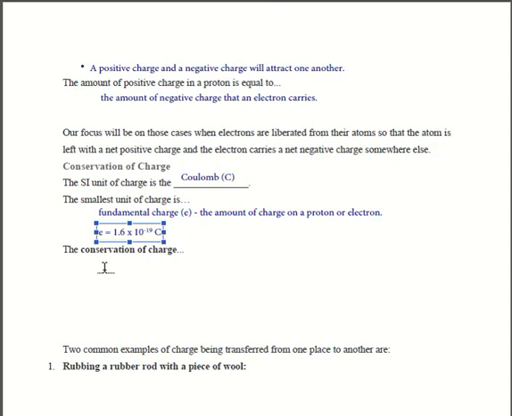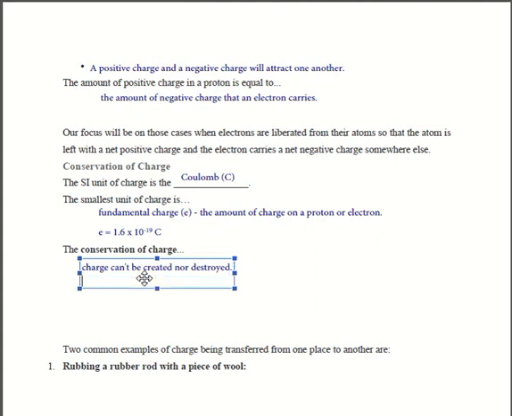We did the same thing in the thermal physics unit. So now we're going to introduce a new one, conservation of charge. All it says is that charge can't be created nor destroyed. So we can't make charge, we can't destroy charge. All we can do is transfer it.